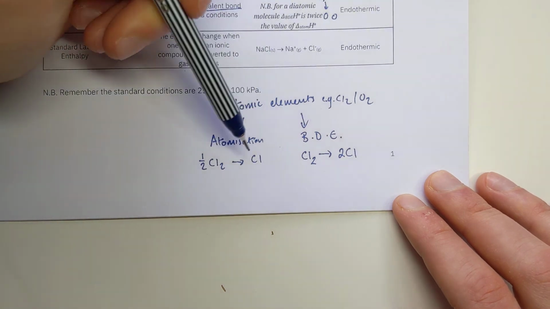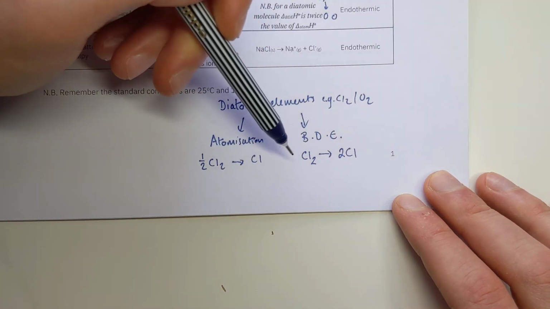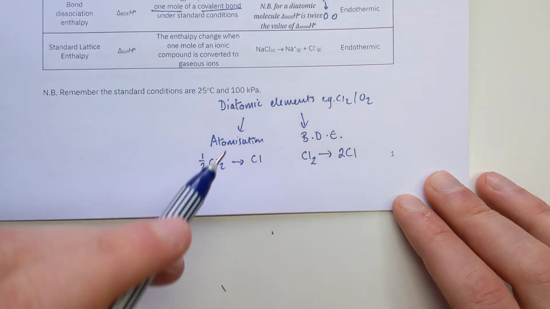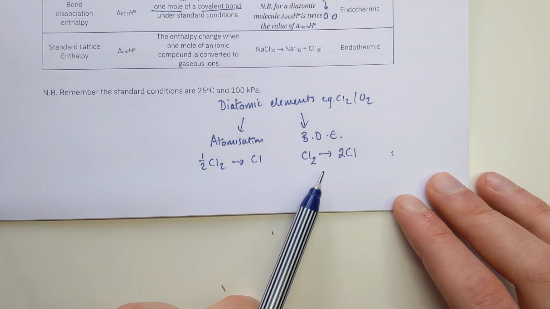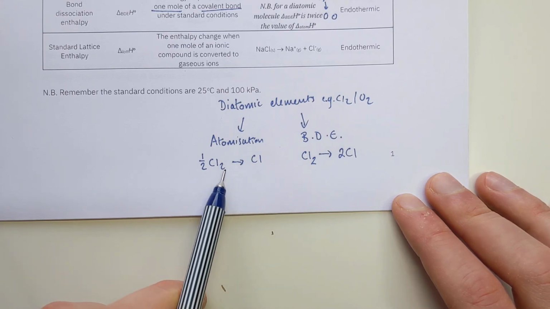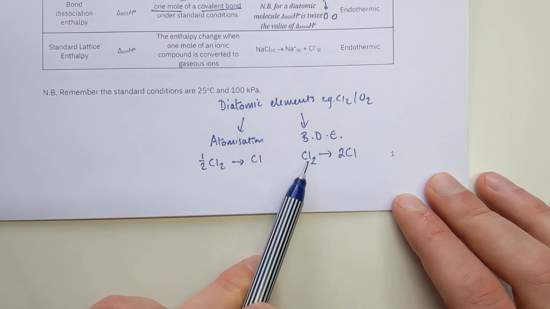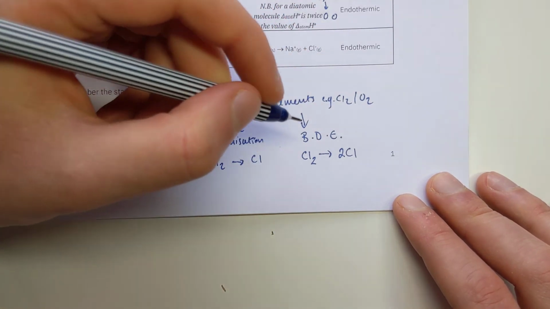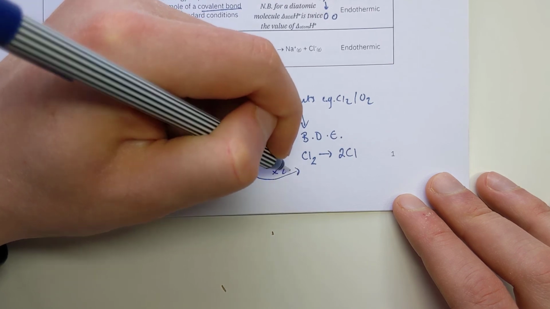So one final time, these are obviously very close to each other, but they're slightly different. What we would say is the bond dissociation enthalpy, the actual value for that will be twice as big as the value for atomization because you have twice the number of chlorines involved there. So just to summarise that using our wee code, this is double that value.